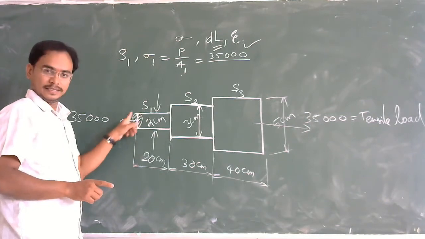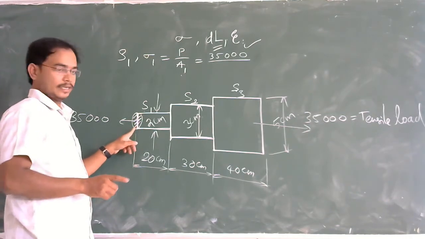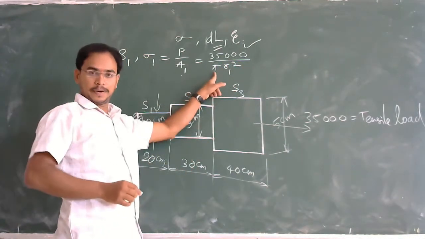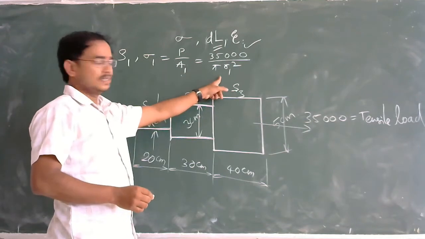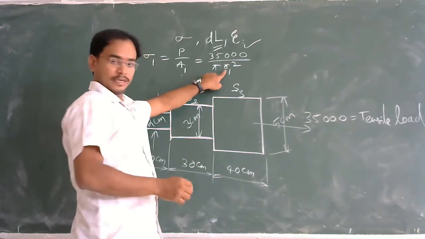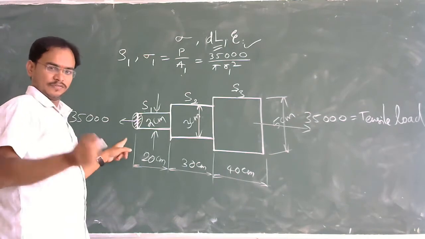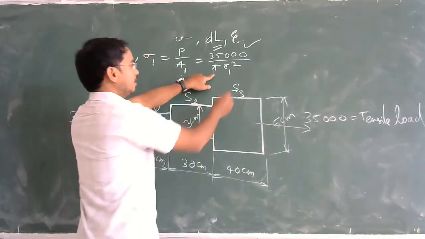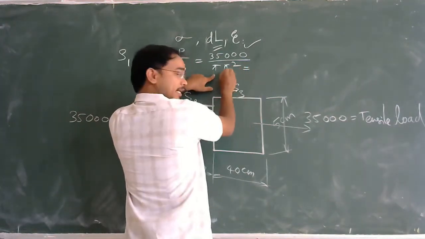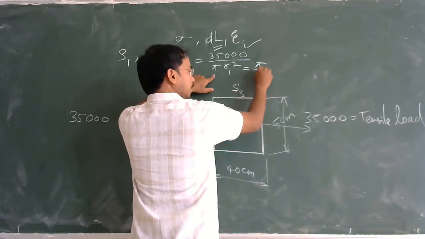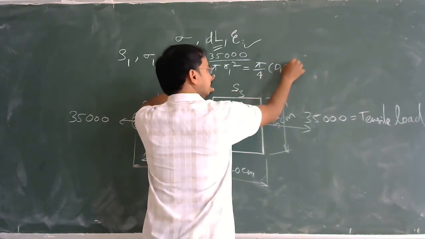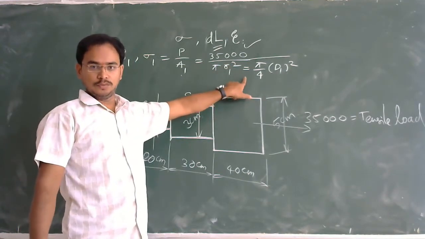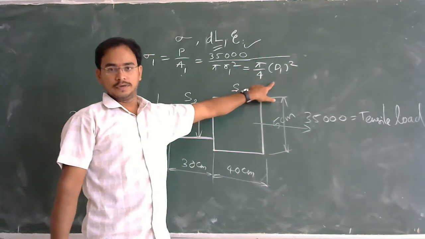This is circular, right? When it is circular, the area here is pi r1 square. So I can rewrite this because we know the diameter only. Some of you did not get how it is pi by 4 d square. I can write this in this form, pi by 4 d1 square. Pi r square is also equal to pi by 4 d1 square.